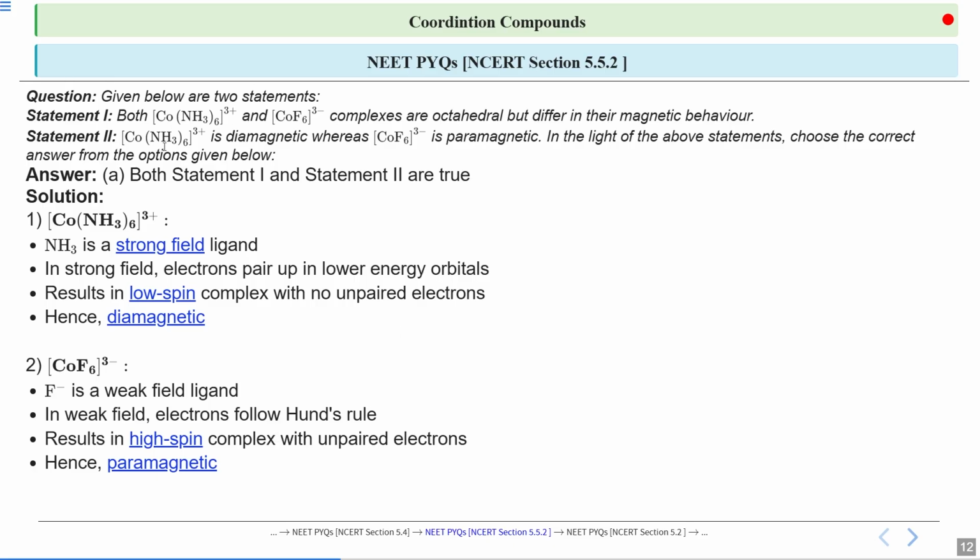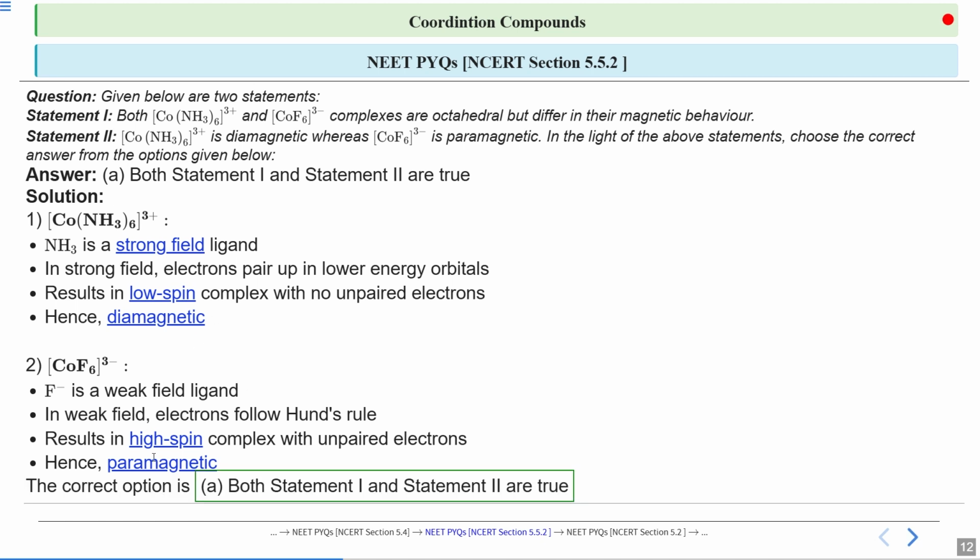Now you have to select whether these two are correct or not. So basically you have to choose the correct option. On the basis of these facts, you have studied these two given complexes. The correct option is going to be option A, that both statement 1 and statement 2 are true.